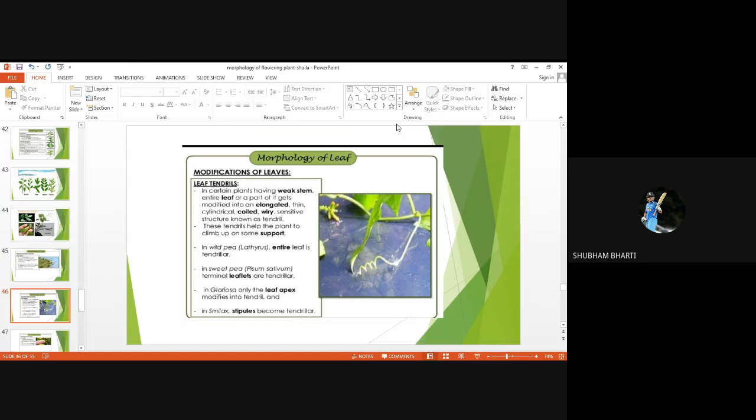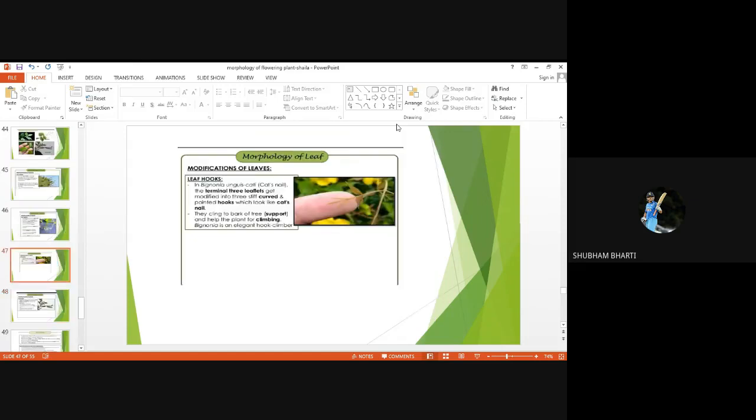Next one is the leaf hooks. In Bignonia, or cat's nails, the terminal three leaflets get modified into three stiff, curved, and pointed hooks, which look like nails of the cat. म्हणजे हे मांजरीच्या नखासारखं असतं आणि ते कसं स्ट्रक्चर आहे?